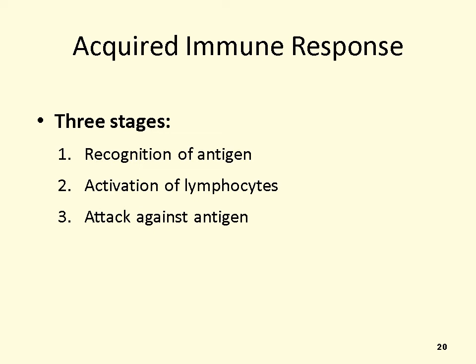They have to be activated, which means driven towards proliferation and then attack. That typically takes 7, maybe 5 to 14 days. And at the end of 14 days, you begin to actually be attacking your antigen in some measurable way.